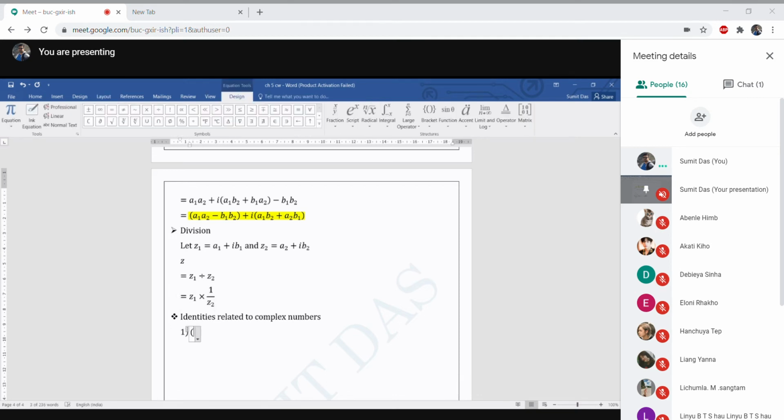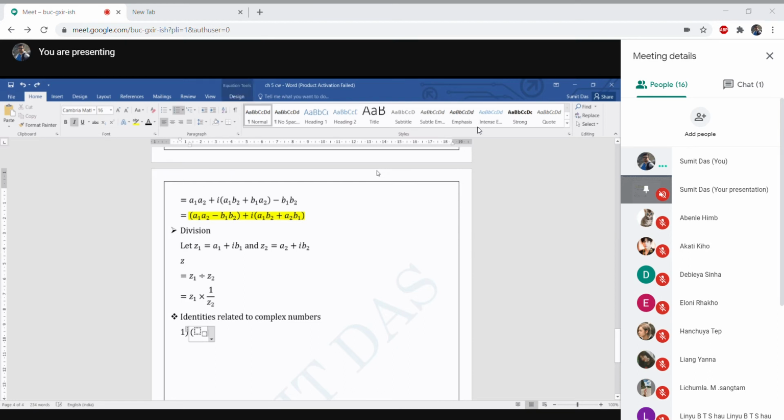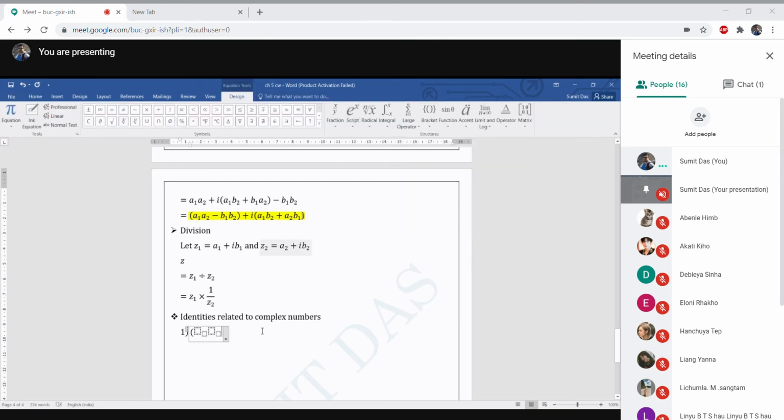First is z1 plus minus z2 whole bracket square, that is z1 square plus or minus 2 z1 z2 plus z2 square.